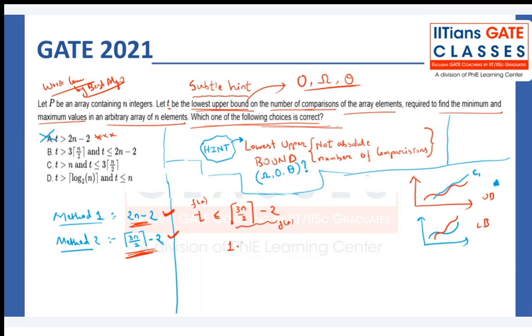Can I not say that 1 into 3n by 2 will always be greater than or equal to 3n by 2 minus 2, right? So our T will always be less than or equal to 1 into 3n by 2. This is your constant C, and this gives us an upper bound, right?